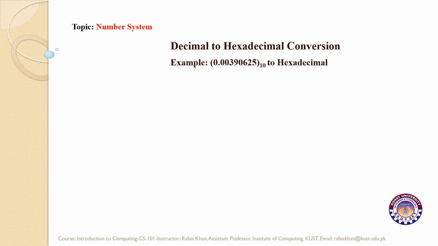Let's see another fractional example. We are given a decimal fraction 0.00390625 and we have to convert it into hexadecimal number. The method is now clear to you. We need to multiply this number successively with 16 until we get the fractional part either as 0 or it is a recurring product.